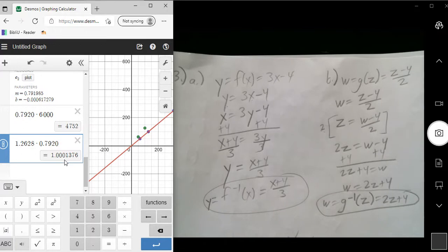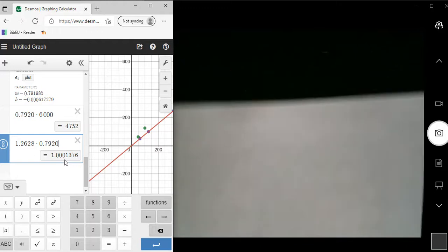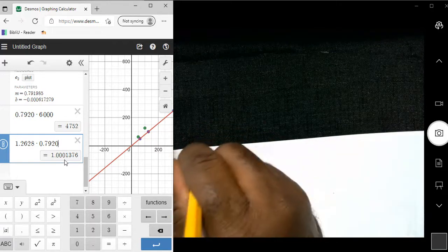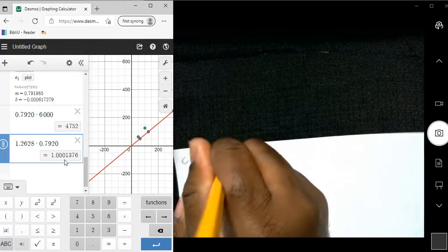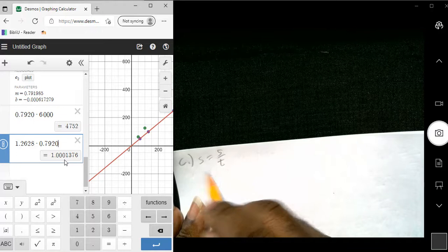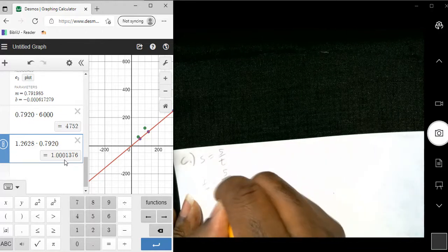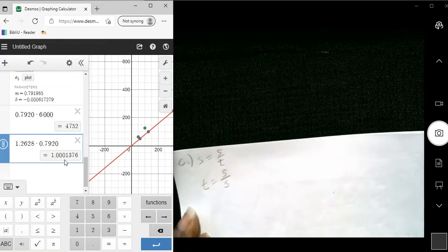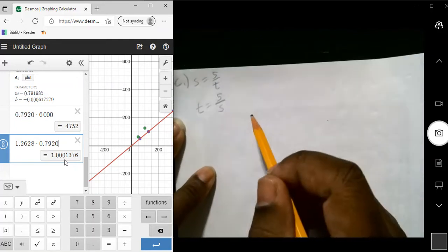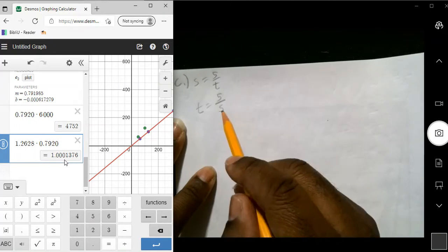Now, last but not least from this page would be C. Now C is S is equal to 5 over T. Now, we switch places of T and S. So this would be T is equal to 5 over S. Now basically we need to get S by itself.